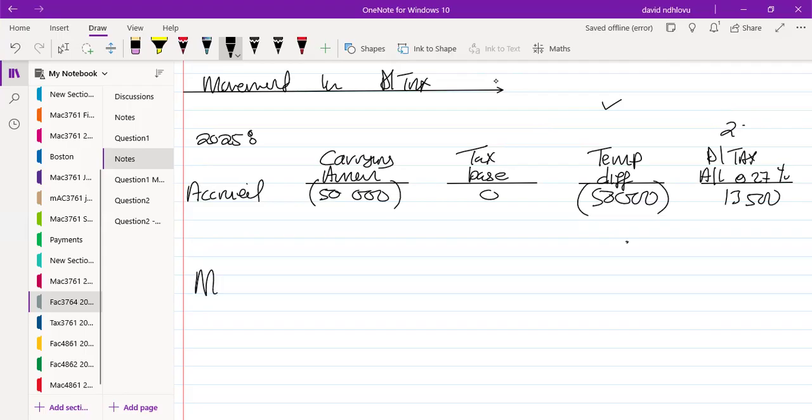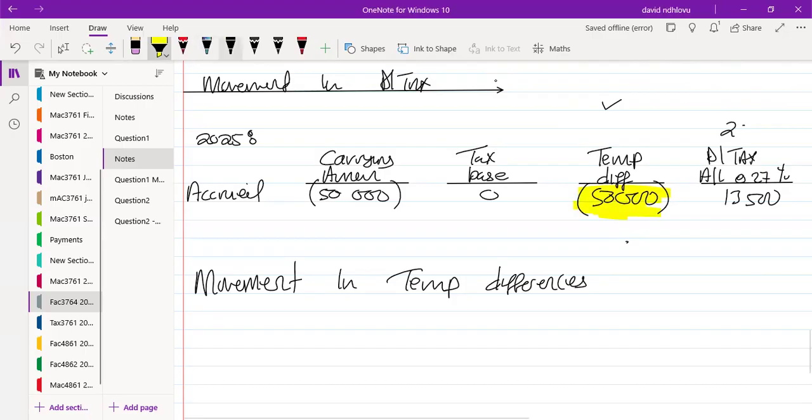So when you now calculate the movement in temporary differences, you take the temporary differences of the current year, 2025, which is 50,000, negative.